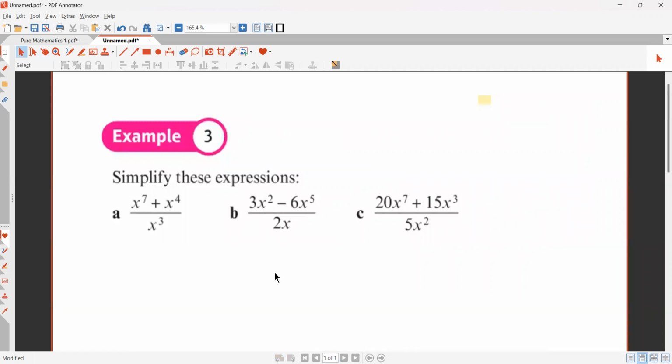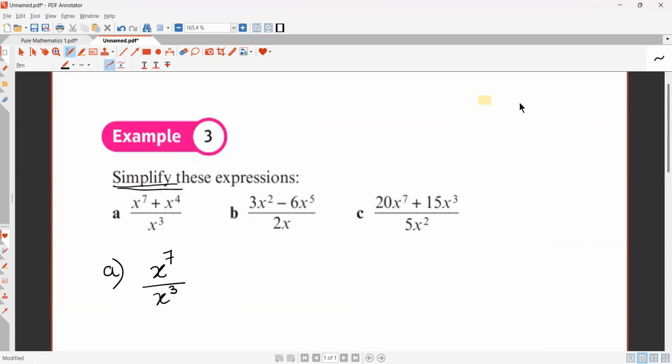Okay. Now let's start. They said simplify. You know what is the meaning of simplify? In simplify, you add, you subtract, you divide, you multiply, as long as you can, until you cannot cancel them anymore. That's what simplification means. So in this case, let's talk about the A part. In the A part, you have x raised to 7 divided by x cube. Can I write it like this?